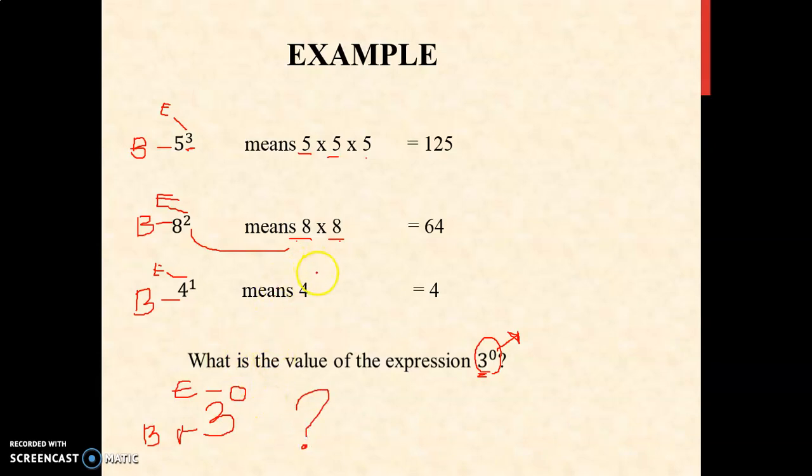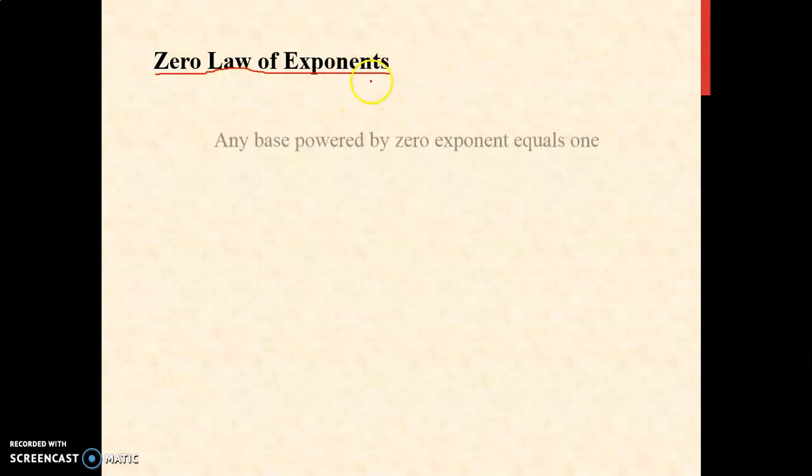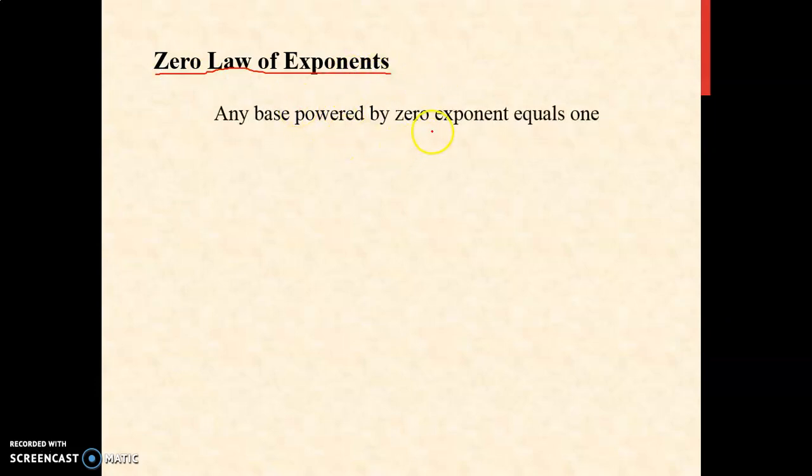This question will be answered by a law of exponents. We have here the zero law of exponents, which states that any base powered by a 0 exponent equals 1.